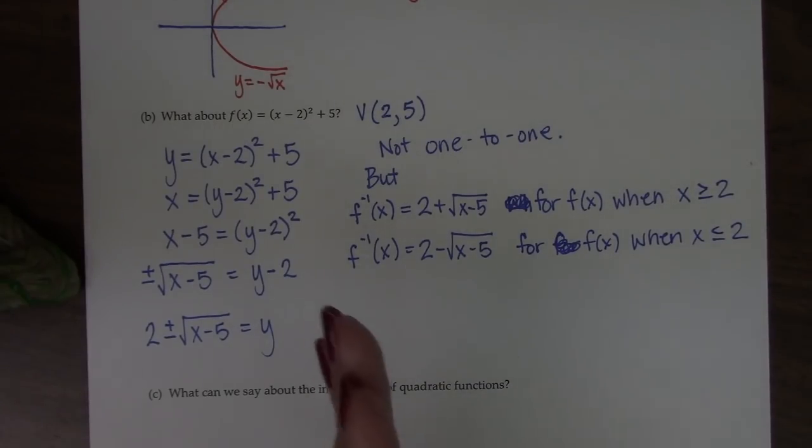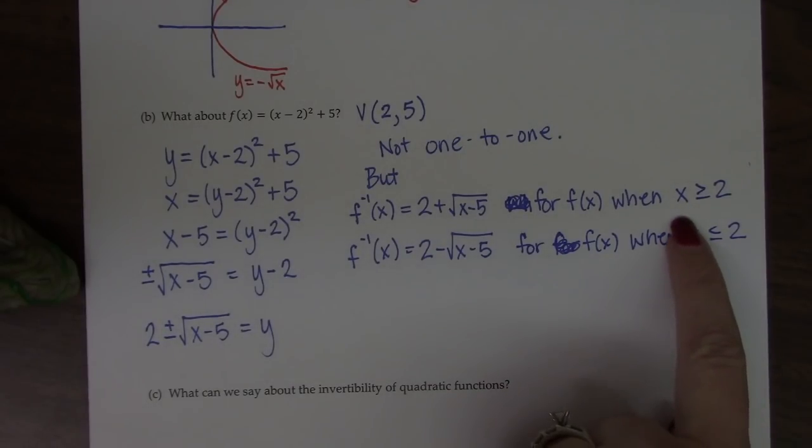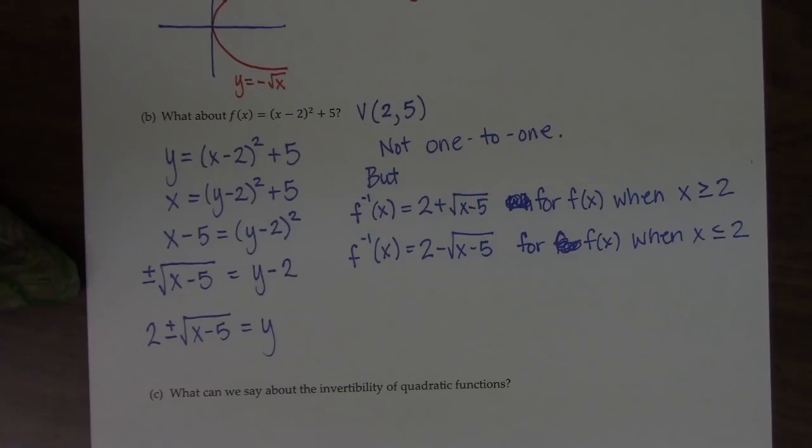So once again, if we restrict the domain of the original function, then it becomes 1-to-1 and invertible.